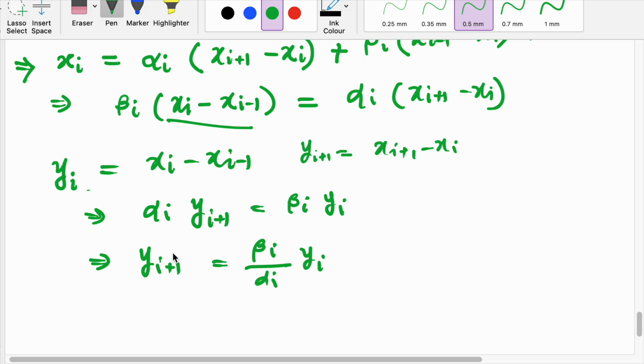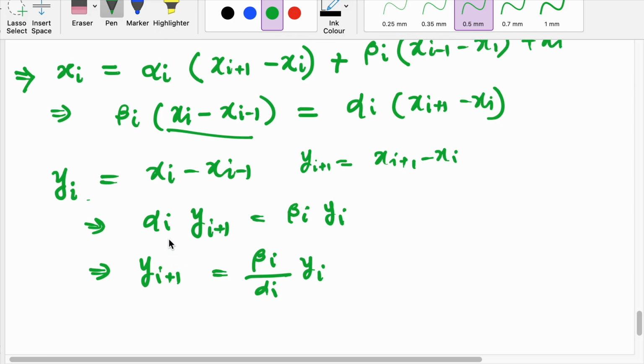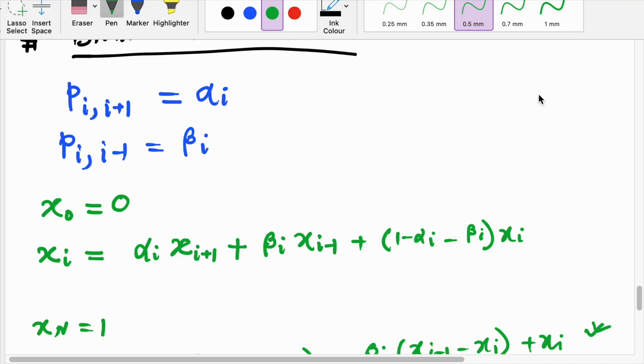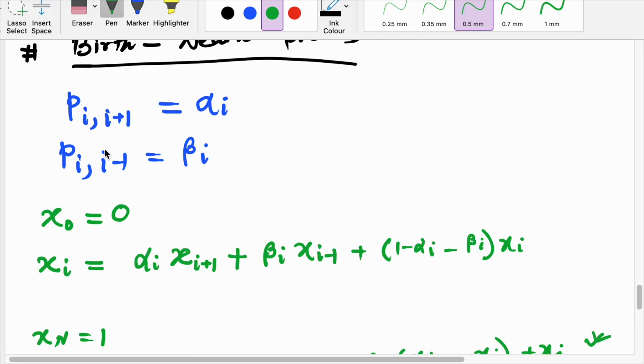Still, while writing this for xi, you wrote alpha I and then multiplied by xi plus 1 minus xi. Why so? Because I am getting that here from solving. If you solve this equation, up to this equation it is right. No, I mean that is not clear. You wrote alpha I as the probability of having I plus 1 number of A's, making a transition.